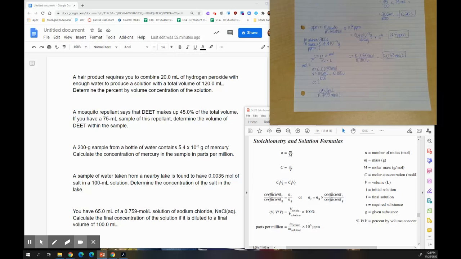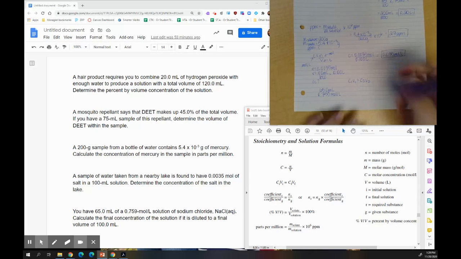Oh, sorry guys, you know what? This is actually going to be a different calculation altogether. I forgot to put my extra little formula one in there. So this last example is going to be an example using our C1V1 equals C2V2, or in your formula book, it's written as CIVI equals CFVF.